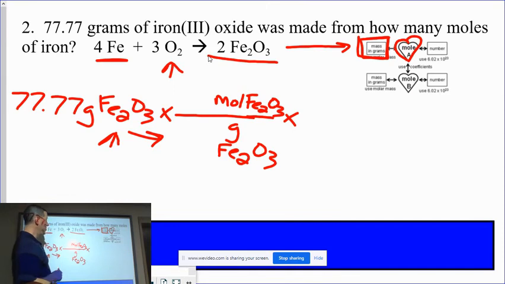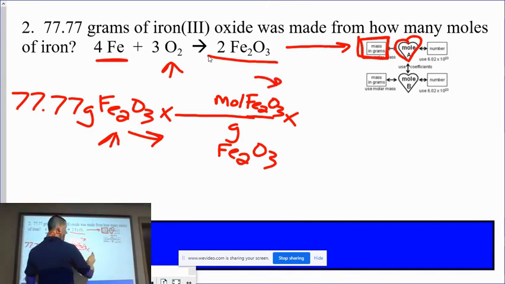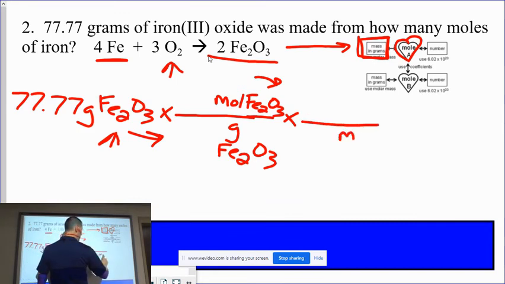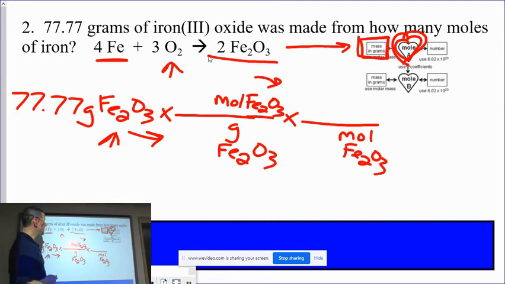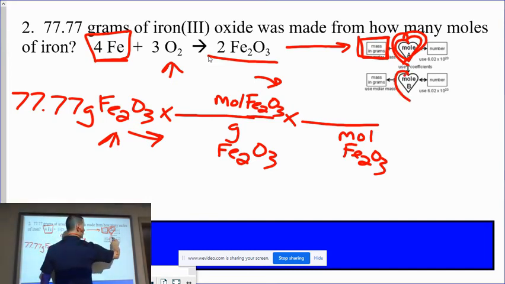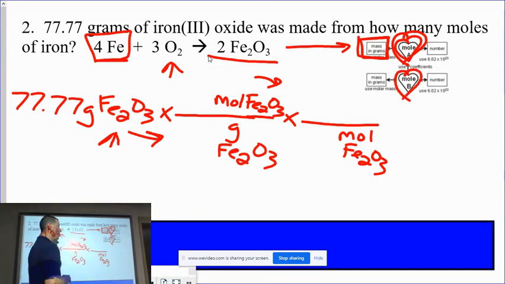I do not want my answer in moles of iron 3 oxide, so whatever the label is on top goes on the bottom of the next step. So moles Fe2O3. So now I am right here, mole island of iron 3 oxide. I need to go to a different substance. That's iron. How do I do that? I use the balanced equation to go from mole island to mole island.